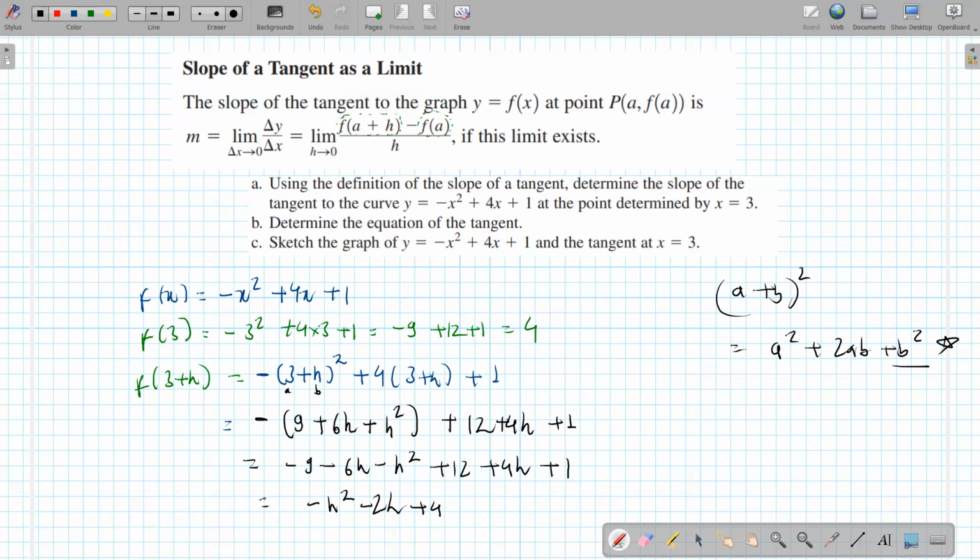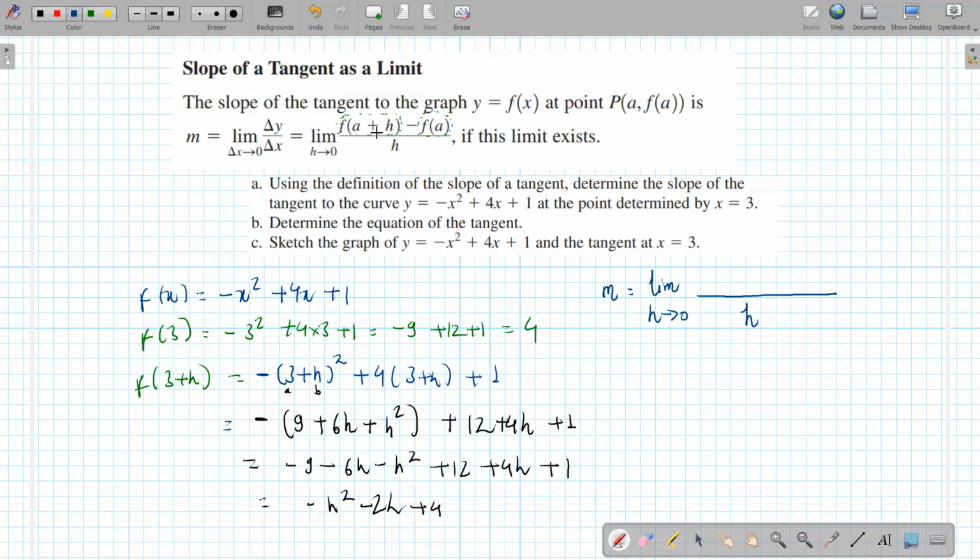Cool? So you want to open it up like this. And now finally, we're going to use the formula, which says the slope of the tangent line m is the limit as h approaches 0, with h in the denominator. It's not technically 0, but we can treat it as 0 on a practical level.